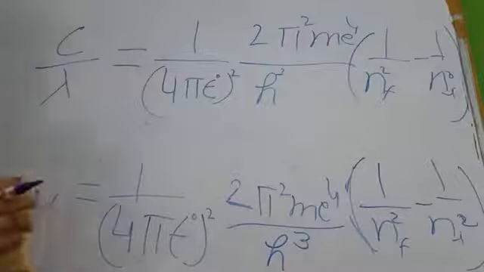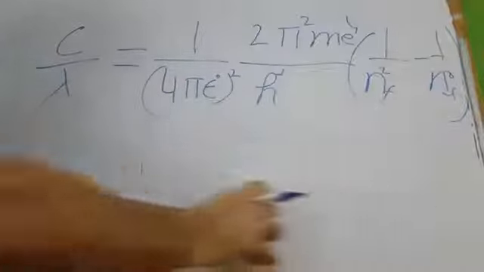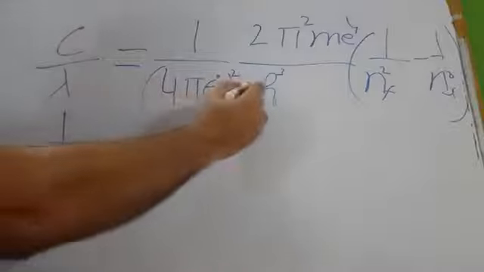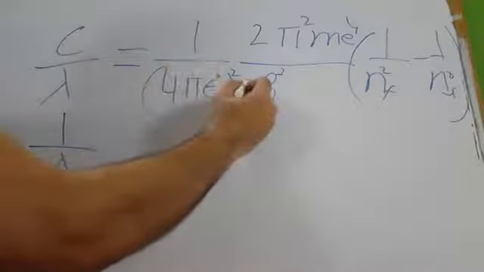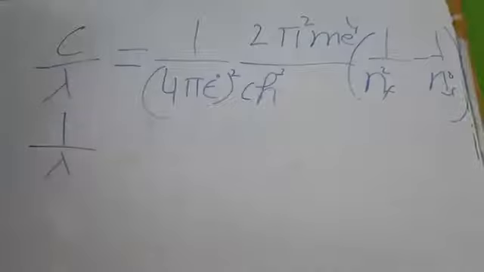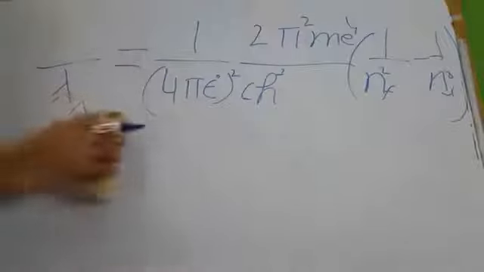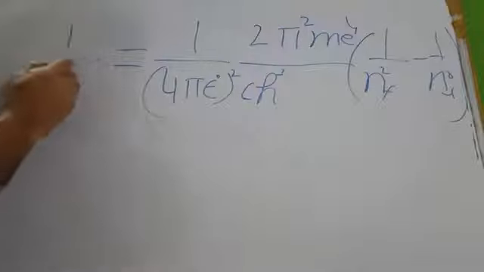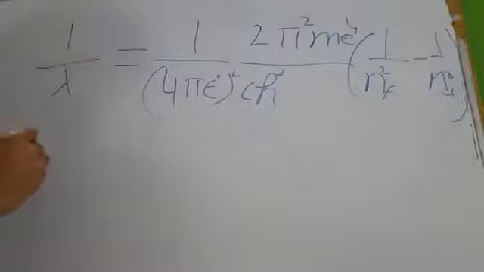Here this is the equation. Let us go ahead. 1 upon lambda would be equal to, if c goes here, then this is left as 1 upon lambda, and we know that 1 upon lambda is nu bar, or the wave number.